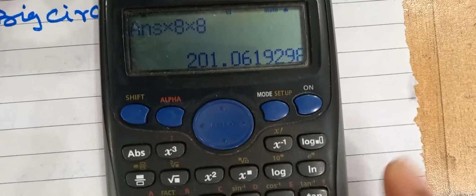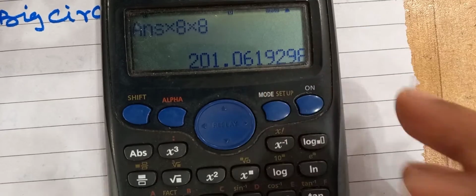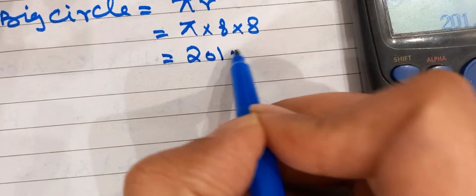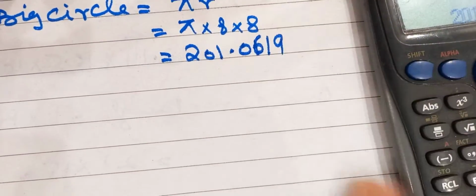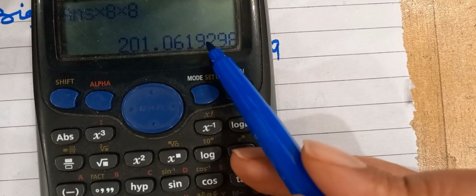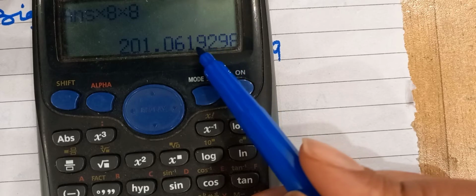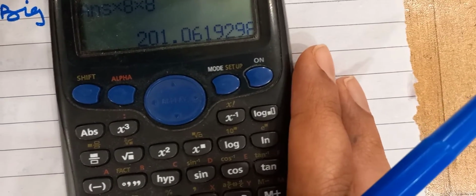I will round it off to 4 places of decimal. So what am I going to write? 201.0619. As there is 2 after the 9, it will not make any difference to the 9. So at least I'll go up to 4 places of decimal.